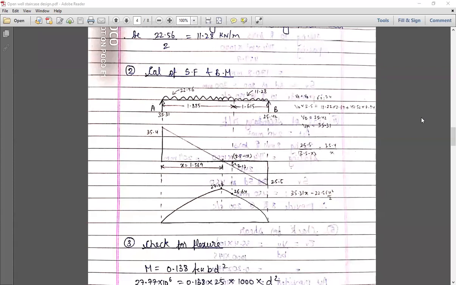Rohit, how much live load you have considered? 5. Okay, fine.